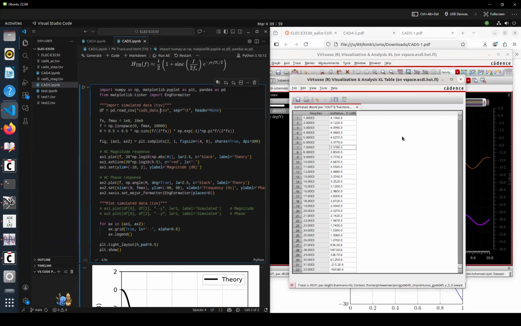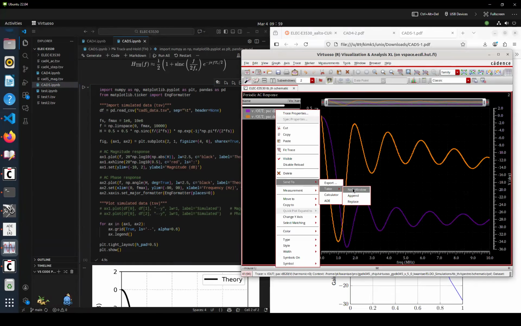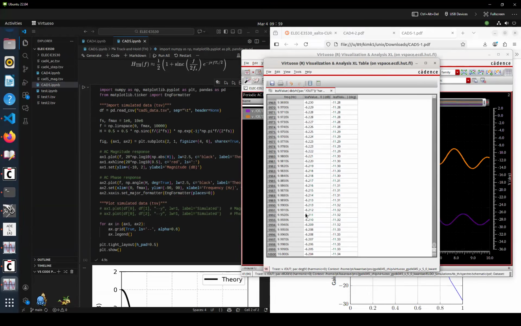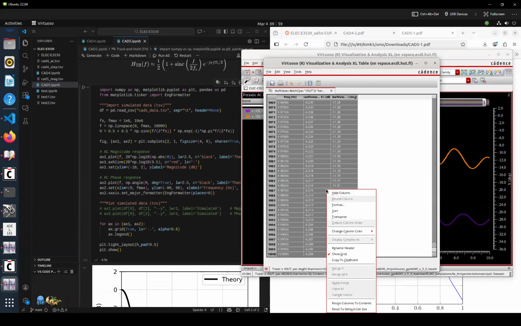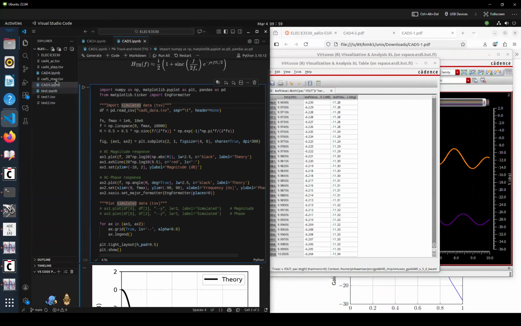Oh, we don't need to do this. You can also select both of them and send to table. And you can see it, if the x-axis is aligned, then it shows very nicely all the data points, with both magnitude and phase responses organized.